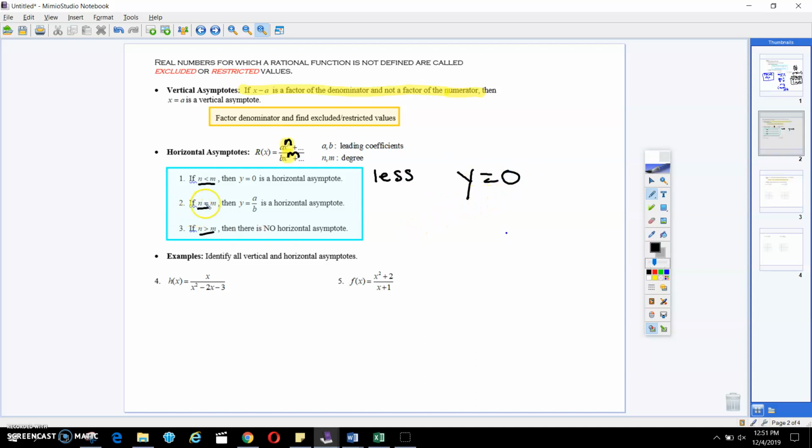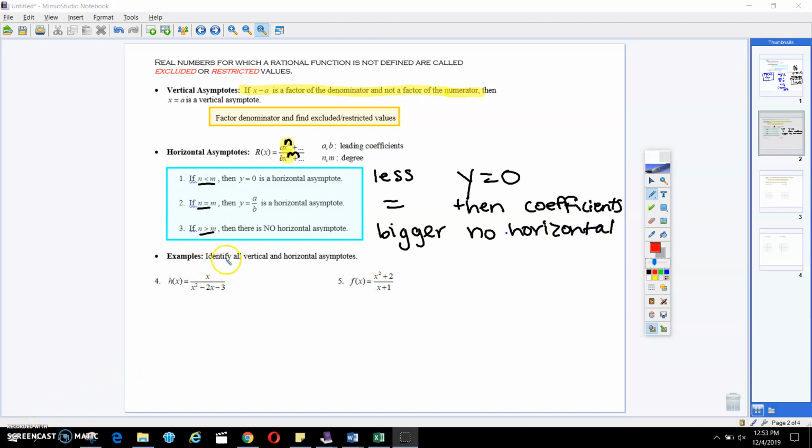If your exponents are the same, then you're going to take your coefficients and put them over each other. And if your numerator's exponent is bigger than the one in the denominator, then there's going to be no horizontal asymptote. I would suggest writing down.